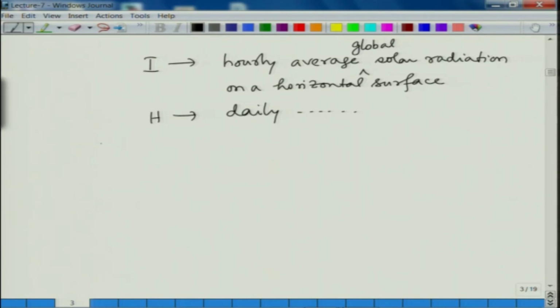Now, what we are interested in is the ratio. And this ratio is designated by RT, this I over H. Why T?